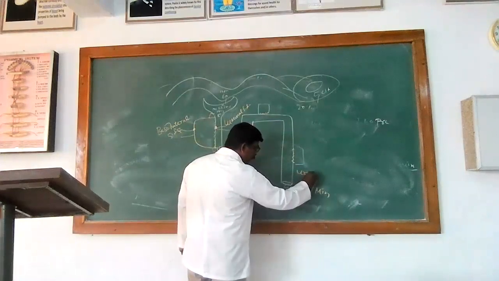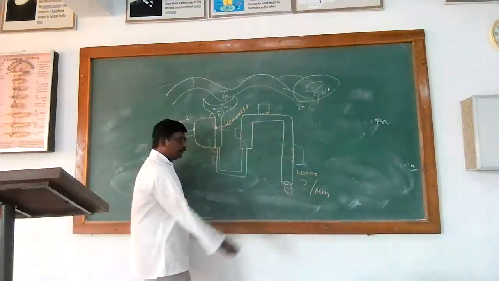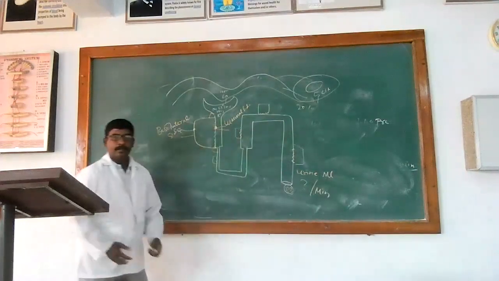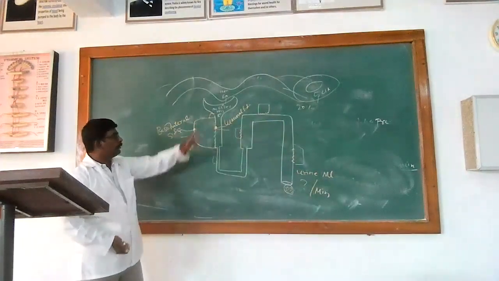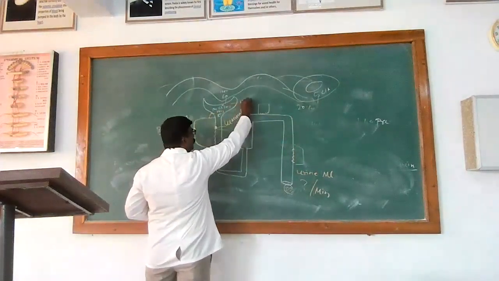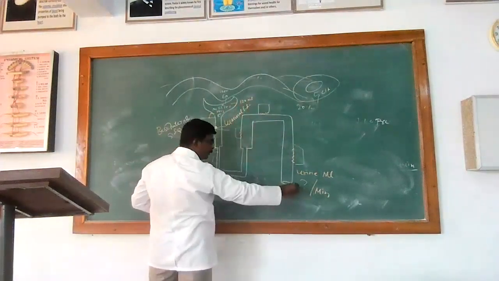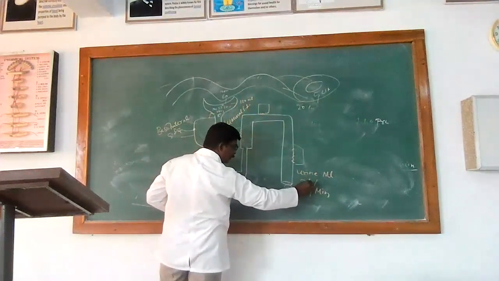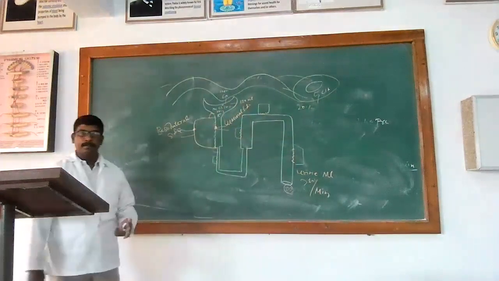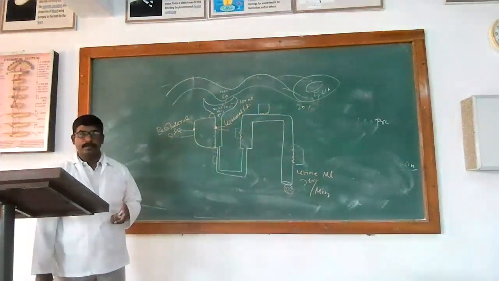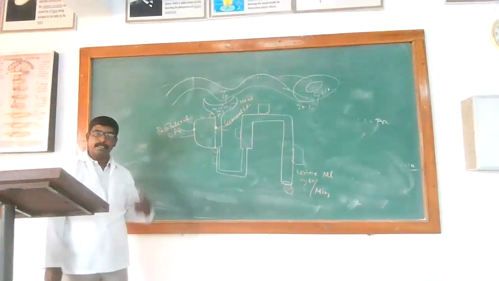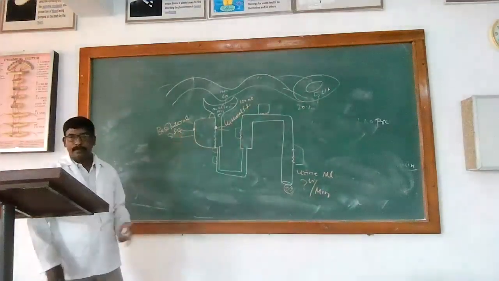Urine in ml. From this 120 ml, only 1 ml is coming. It means 99% of the solute and the solvent is again reabsorbed by the nephron.